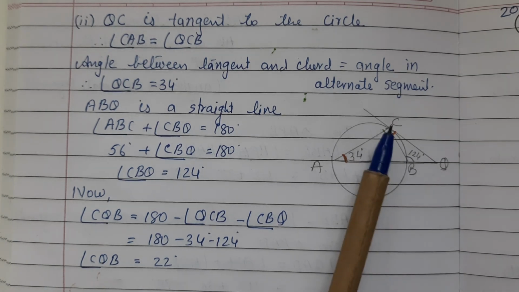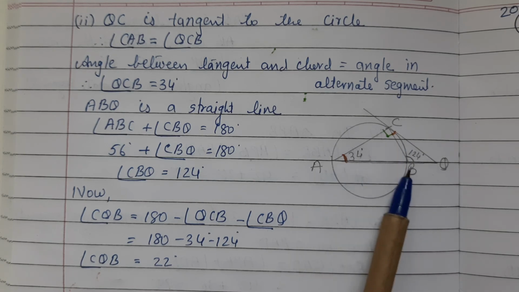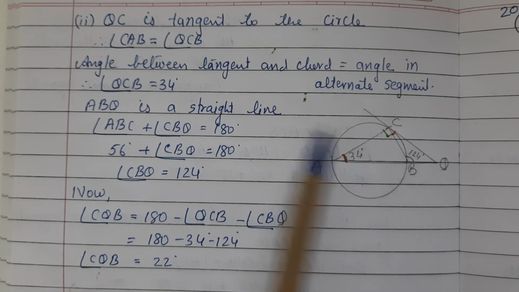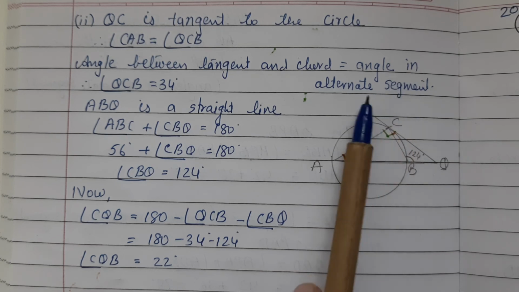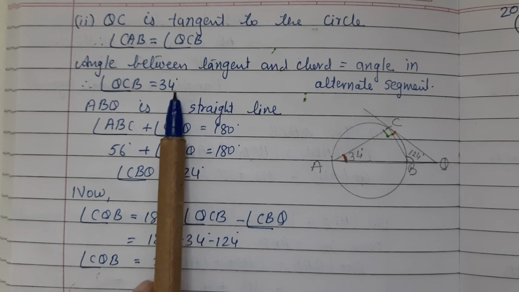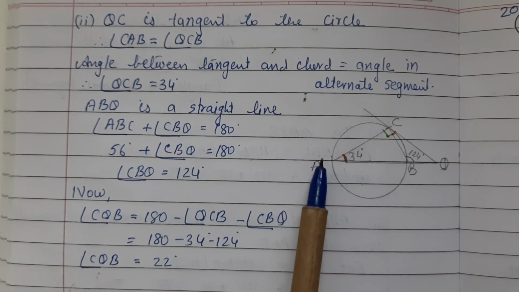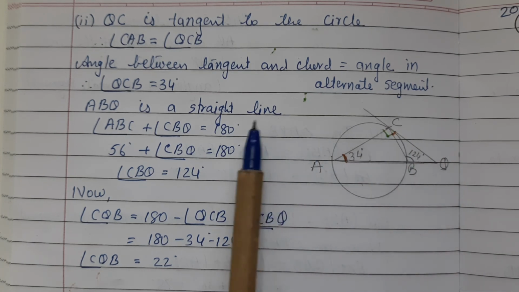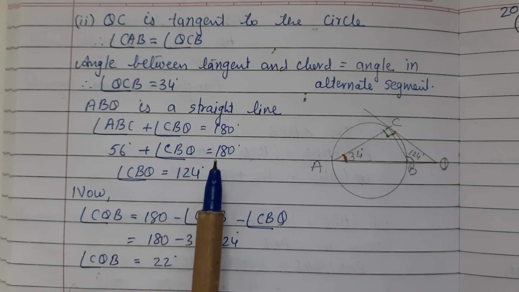QC is the tangent to the circle, therefore angle CAB is equal to angle QCB. Angle between the tangent and chord is equal to angle in the alternate segment. Therefore angle QCB equal to 34 degree. ABQ is a straight line, therefore angle ABC plus angle CBQ equal to 180 degree. 56 plus angle CBQ equal to 180 degree.